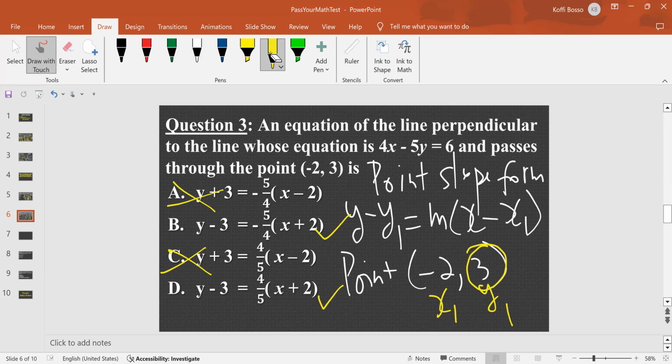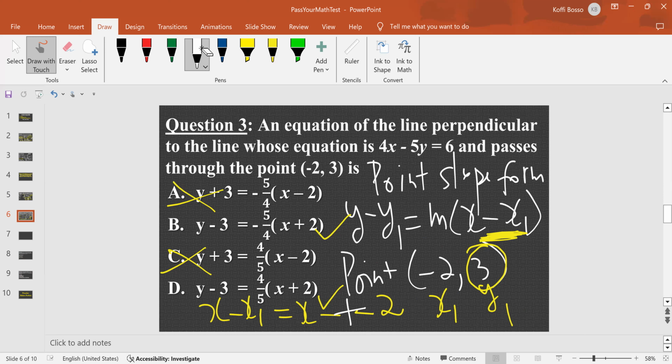Okay, now if you check B and D, for the x part, we need to get x minus x1. But our x1 is -2. So if x1 is -2, that means what? x minus x1 will be what? x minus -2. So the two negatives will change to positive.